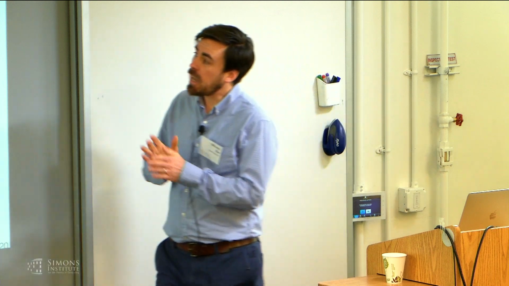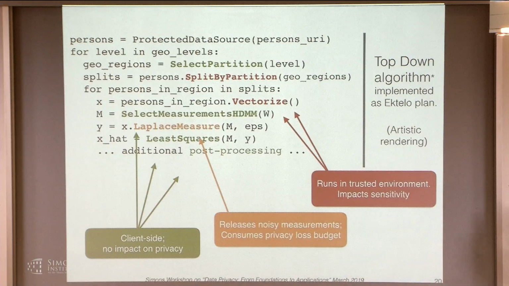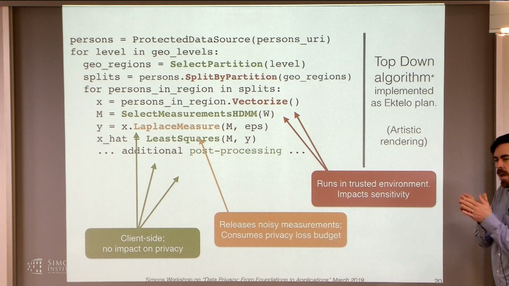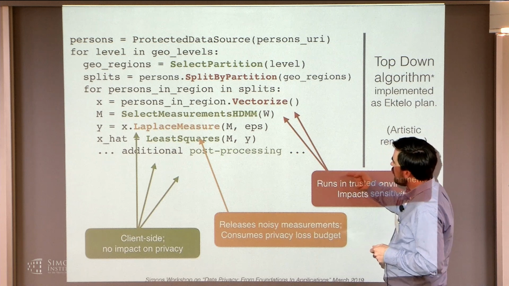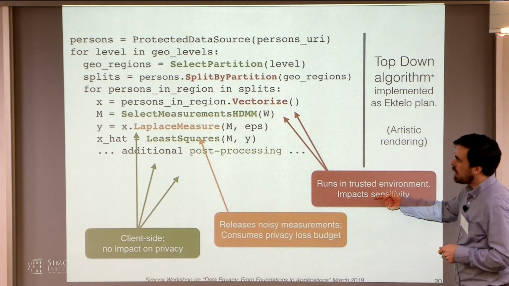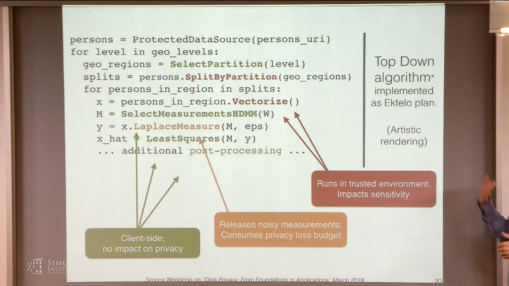Okay, I think I hear what you're saying. I think there is a nice way of decoupling it, and it happens in PINQ and also in Ektelo, and in fact we definitely leverage Dave Sands' proof of privacy for PINQ in thinking about this system. I think the separation is that these do need to run in the trusted environment. You want to vet that they are doing the right thing.